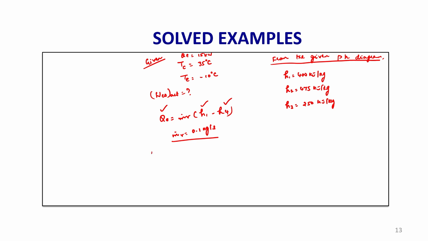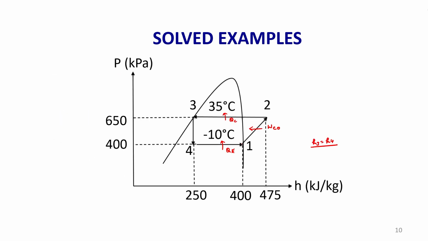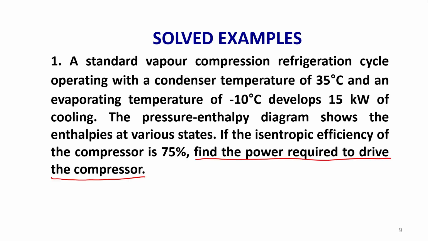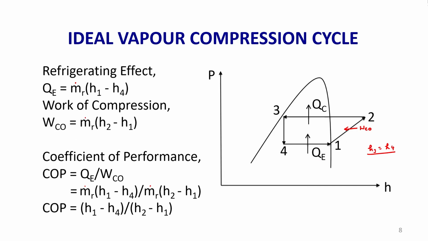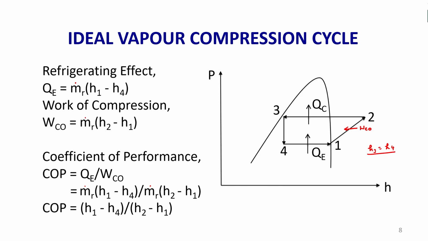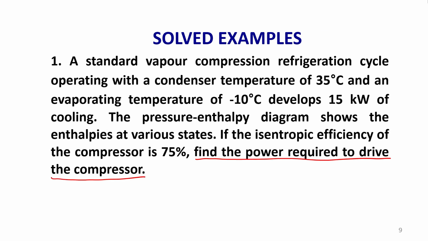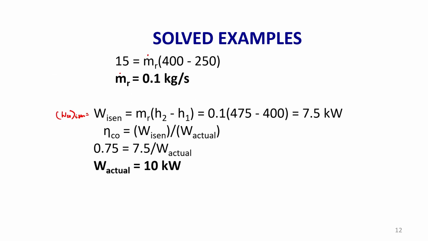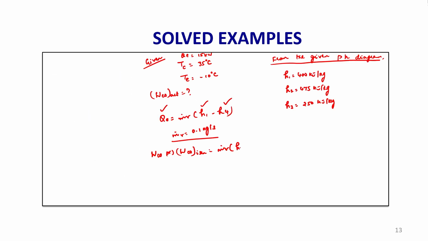Work of compression for the isentropic process is equal to the mass flow rate of the refrigerant, times the enthalpy change during compression, which takes place in process 1 to 2, isentropic compression. So enthalpy at 2 minus enthalpy at 1, that is H2 minus H1.